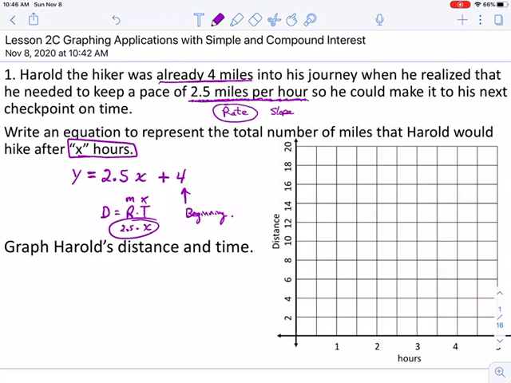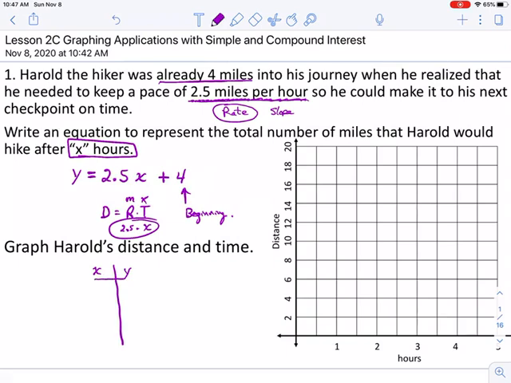It's not the beginning of the hike, it's the beginning of where he decided that he needed to keep a pace of 2.5 miles per hour. So there's our equation.